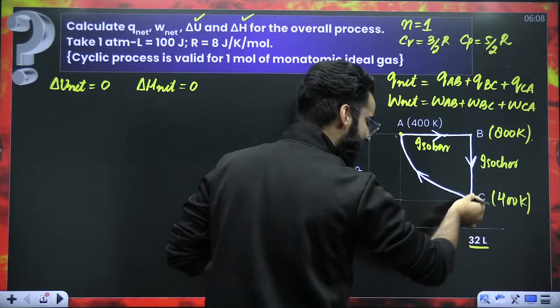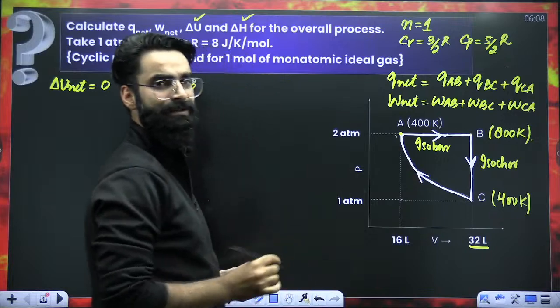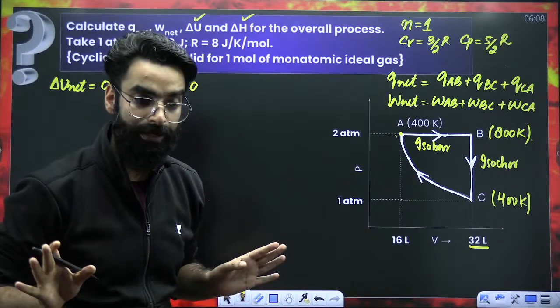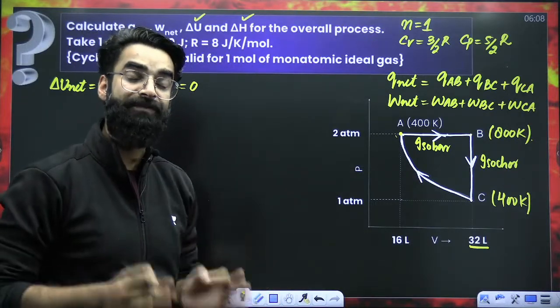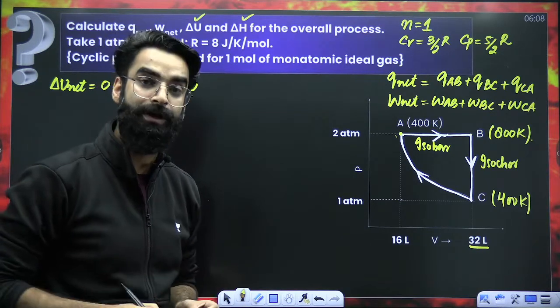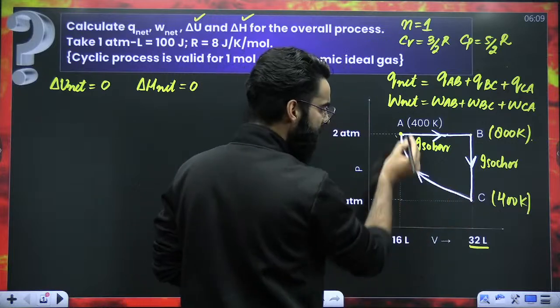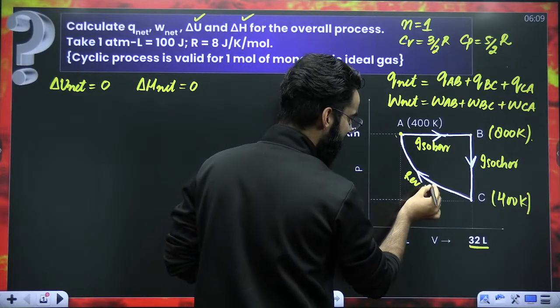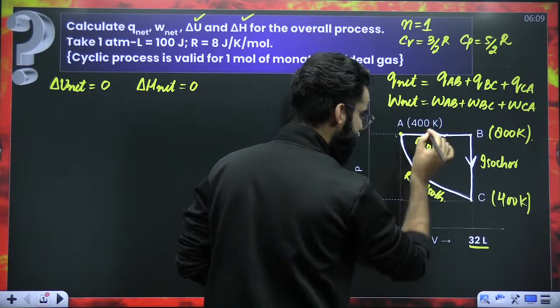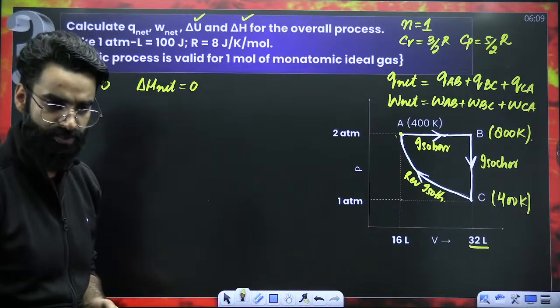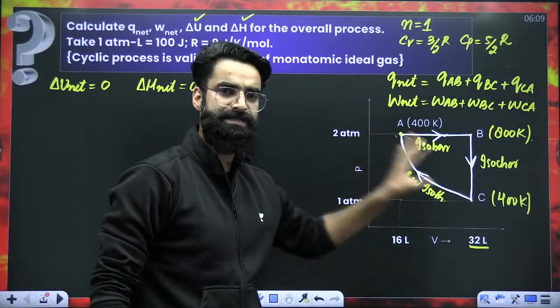That means I'll assume that during this particular process, the temperature of the gas is not changing at all. And that particular process in which the temperature of the gas does not change at all, you'll call an isothermal process. Now the graph is curved, so it has to be a reversible isothermal process. So the CA process is reversible isothermal. So first of all, you identified your different processes over here.